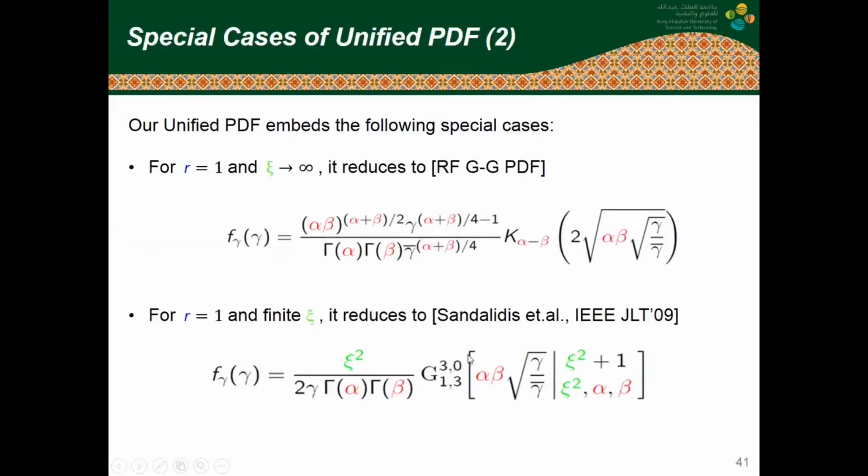On the other hand, if you set r equal to 1 and Xi to infinity, which is essentially the direct detection case, you end up with this expression. And then r equal to 1 with finite Xi, you have this expression. So these are ways to show that the unified generic expression that we came up with can specialize or revert to well-known expressions that are used for different special cases.